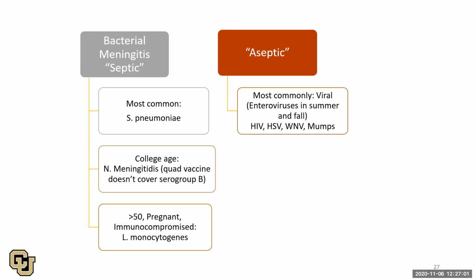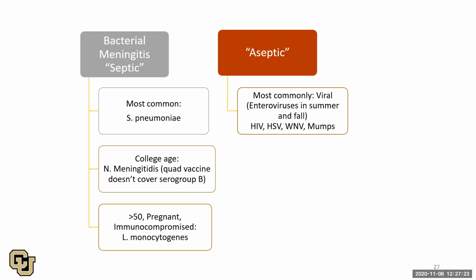And then when we say aseptic meningitis, the definition is evidence of meningeal inflammation without positive bacterial cultures or evidence of bacterial meningitis. That includes a lot of other organisms that you have to think about.